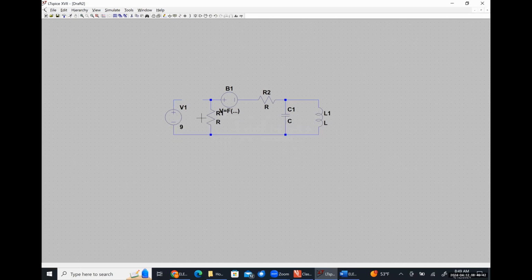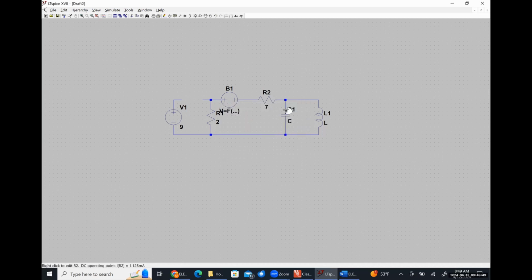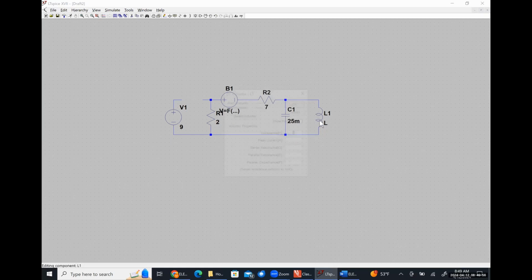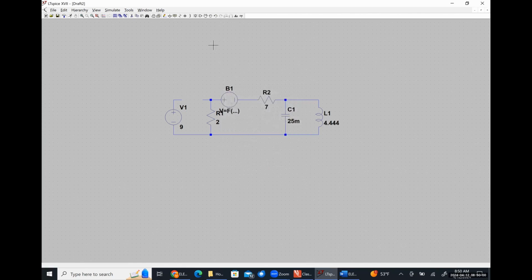So this is a 9-volt source. That's a 2-ohm resistor. That's a 7-ohm resistor. This was 25 milli. This is 4.444. Put my ground terminal on the negative polarity terminal of my capacitor. Label my capacitor voltage.